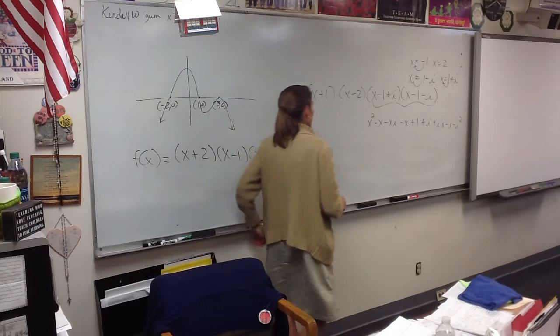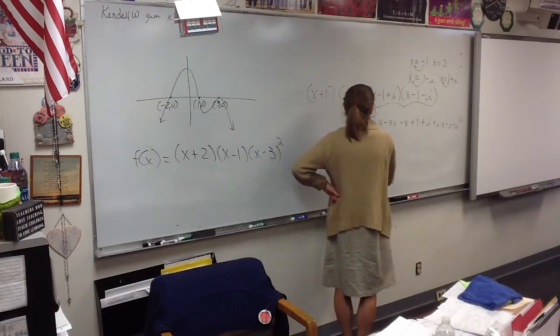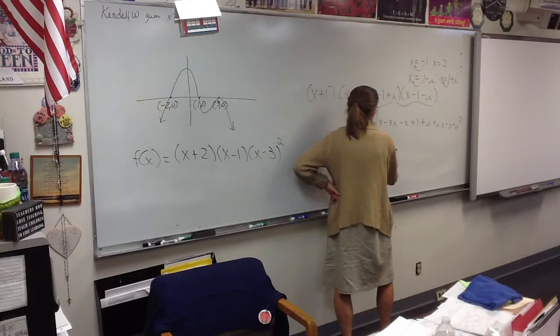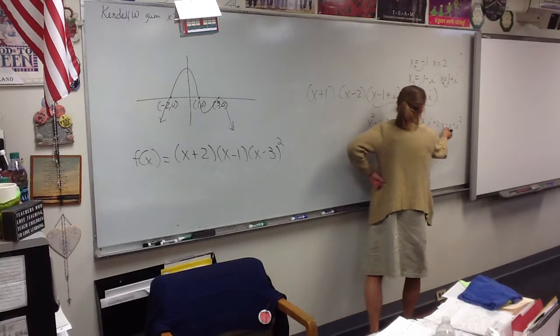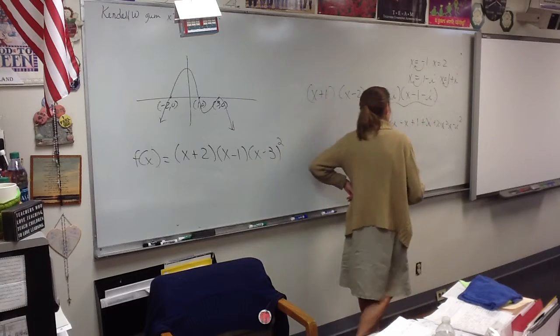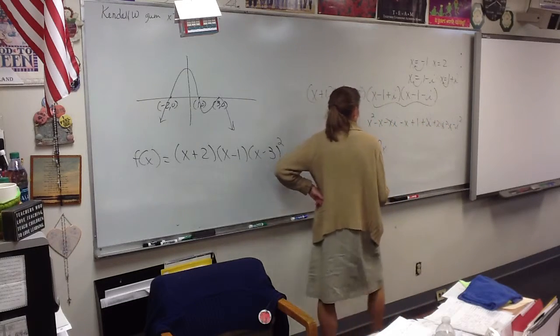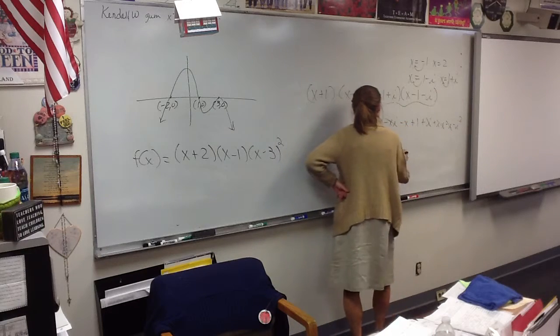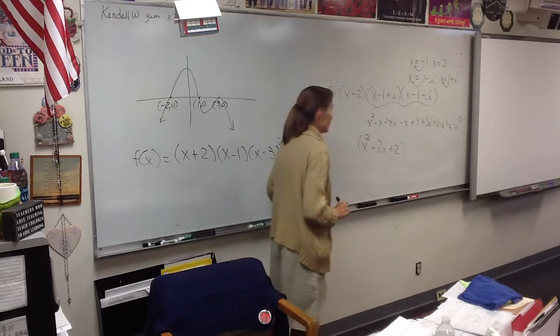All right, here we go. What cancels? Hopefully a whole bunch of stuff. I have x squared minus 2x. Those cancel. Those cancel. What's negative i squared? 1 plus 1. So that's what I got when I FOILed those together.